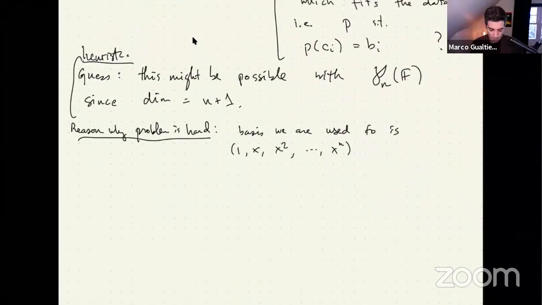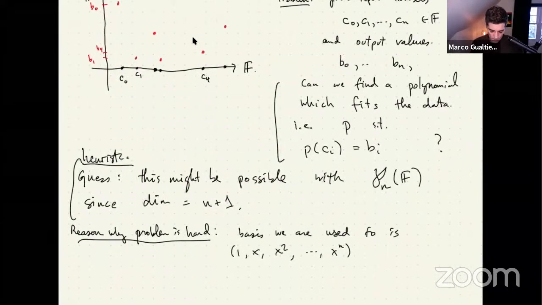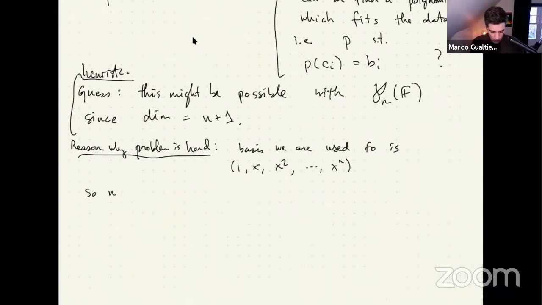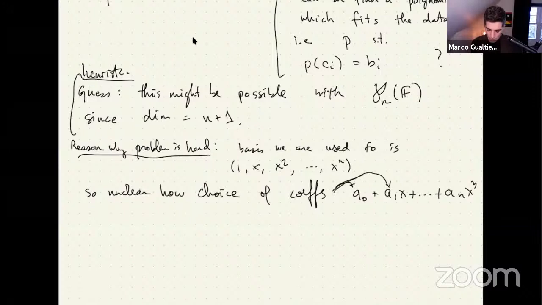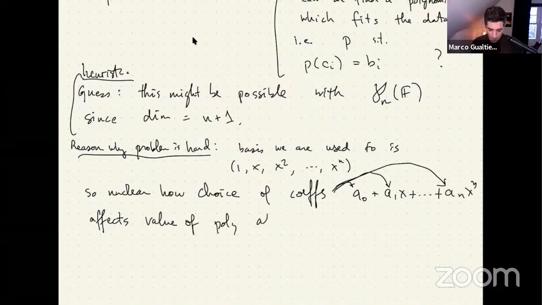For example, it's unclear how the choice of coefficients a0 plus a1x plus up to an x to the n, these coefficients here, affects the value of the polynomial at c0 up to cn, right?